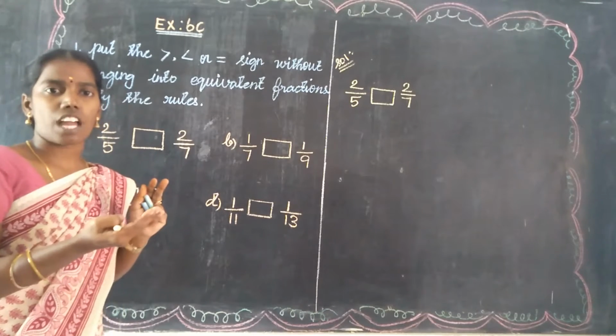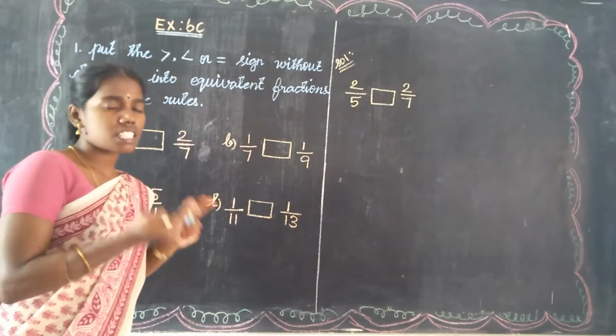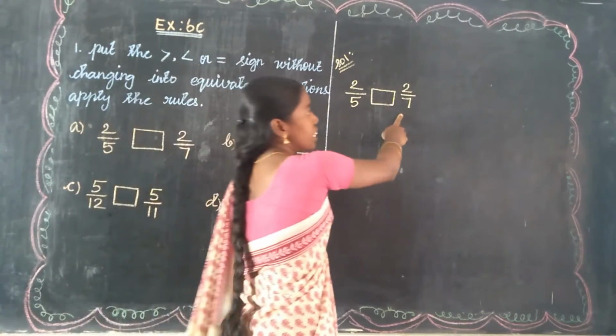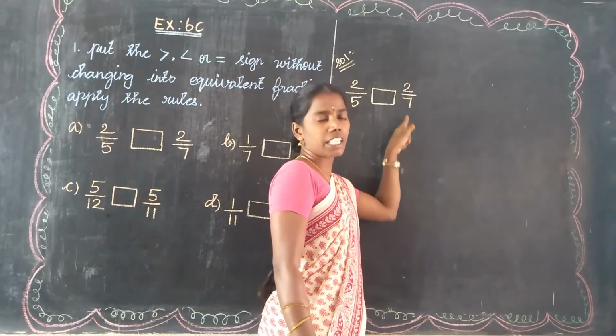Which is the highest value? 7 is the highest value, but this number is in a fraction, 2 by 7.